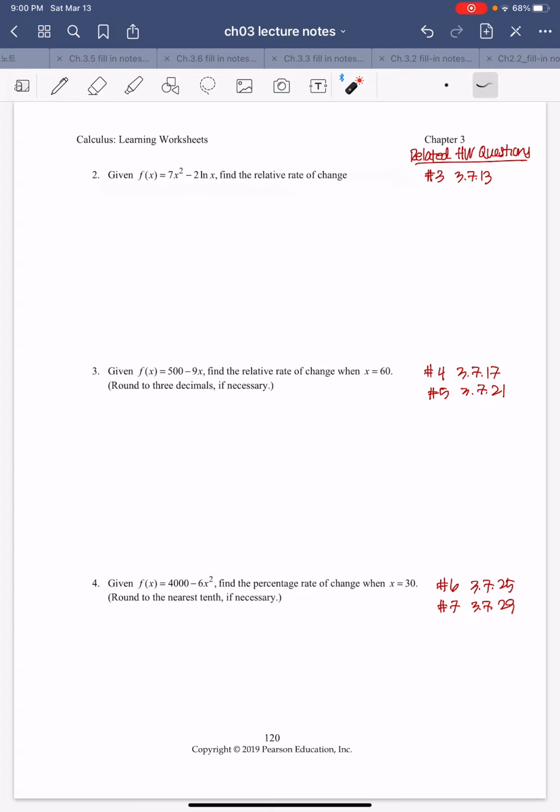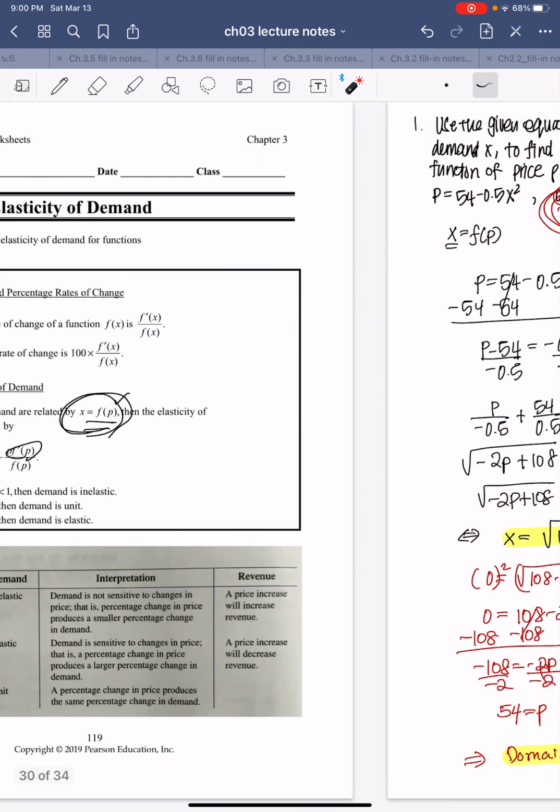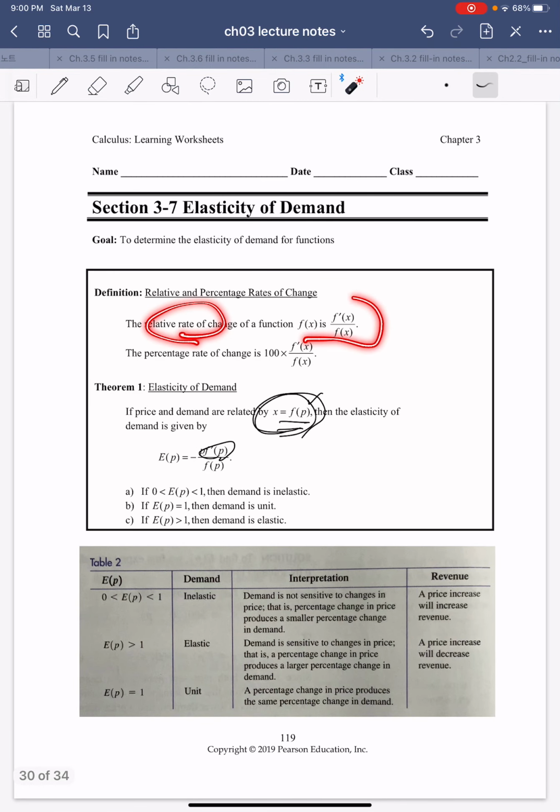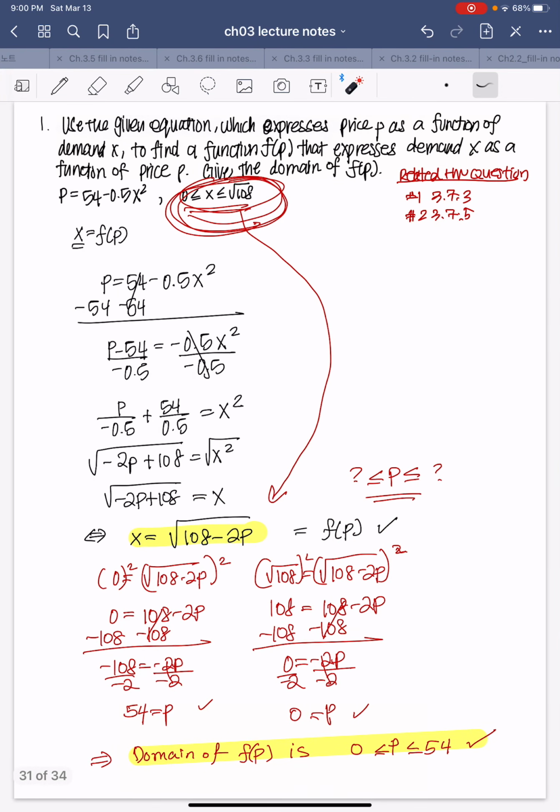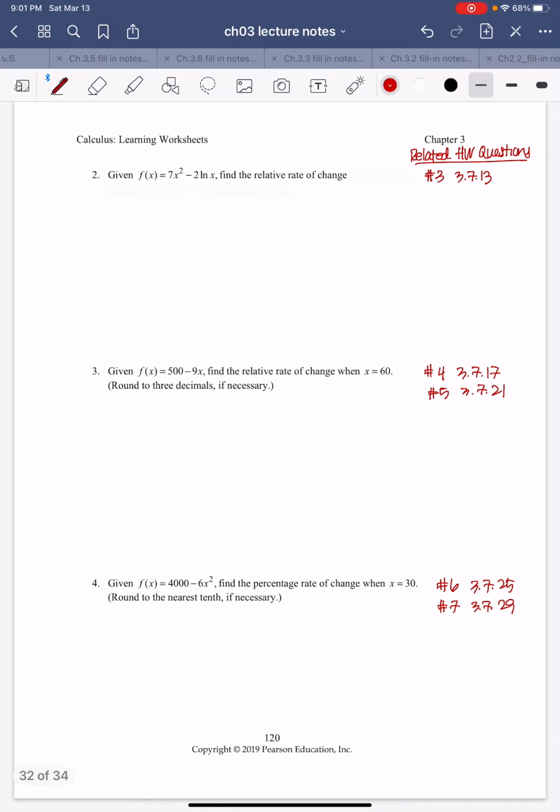So number 2 is asking you to find the relative rate of change. Here, relative rate of change is given as f prime of x divided by f of x. So that's just a very simple formula. That's all we have to do. So number 2, my f of x, here you can see that it's 7x squared minus 2 ln x.